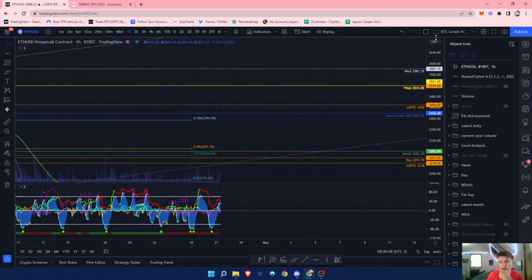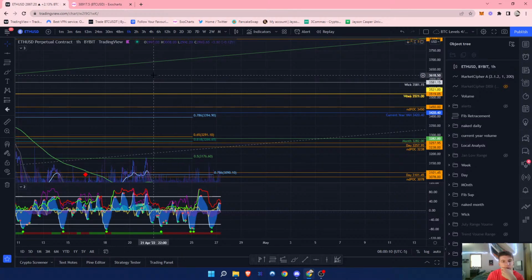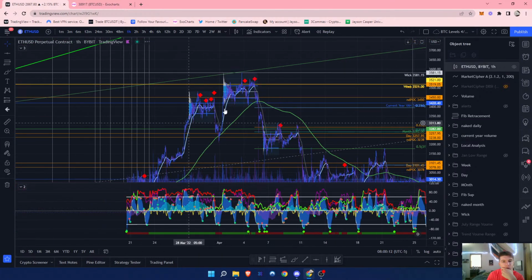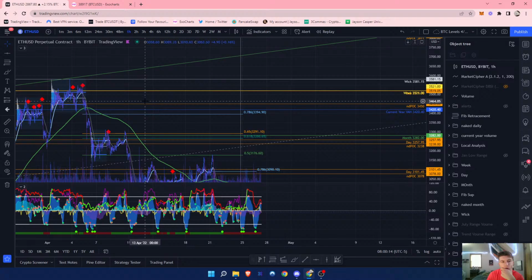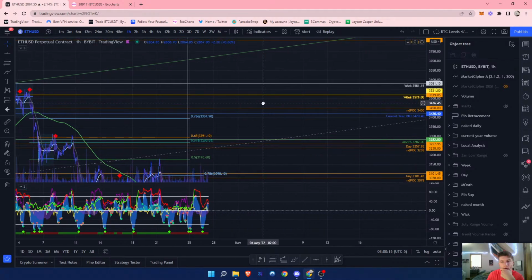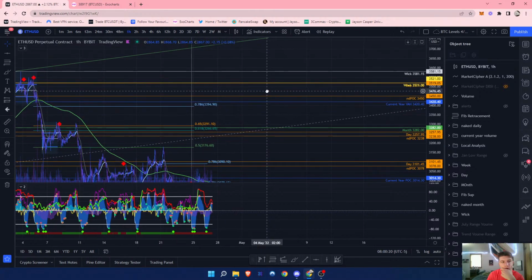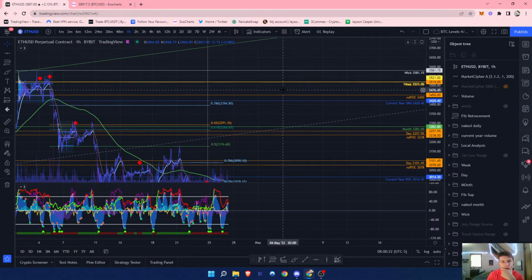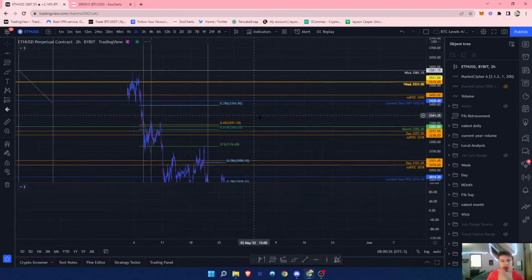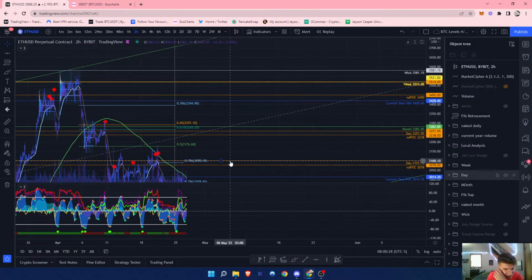What is this, a daily? Yeah, a daily level up here. Okay. Current year value. So maybe we could get something like this, based off of maybe the 2 hour.